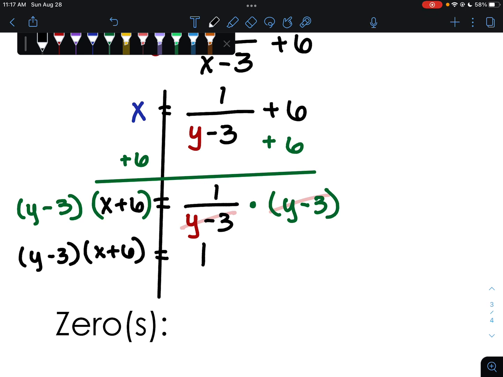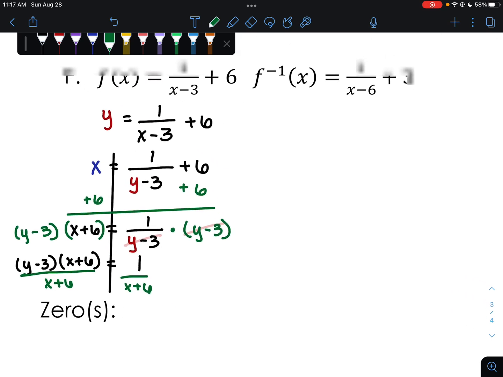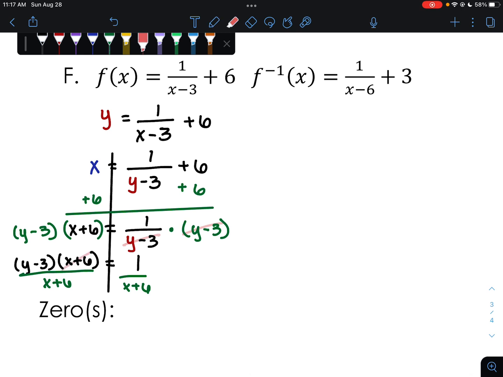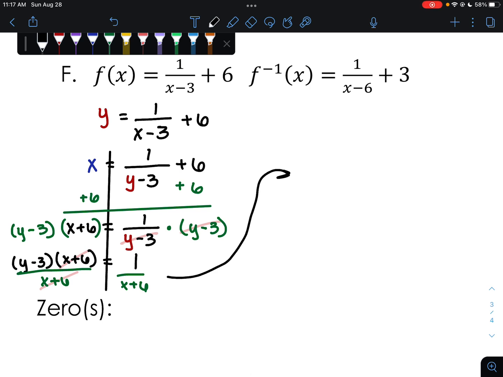Now I need to get that x plus 6 on the other side. So I'm going to divide by x plus 6, divide by x plus 6. When I do that, these cancel out, and it leaves me with y minus 3 equals 1 over x plus 6.